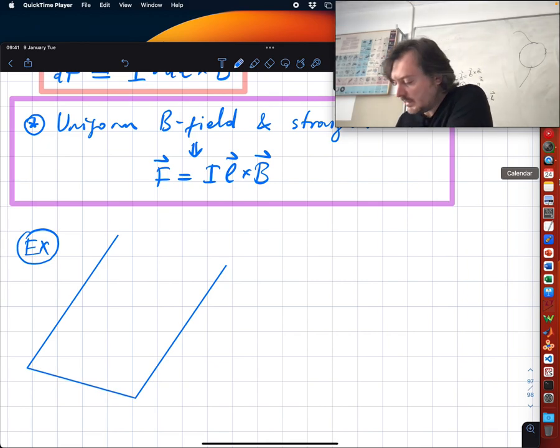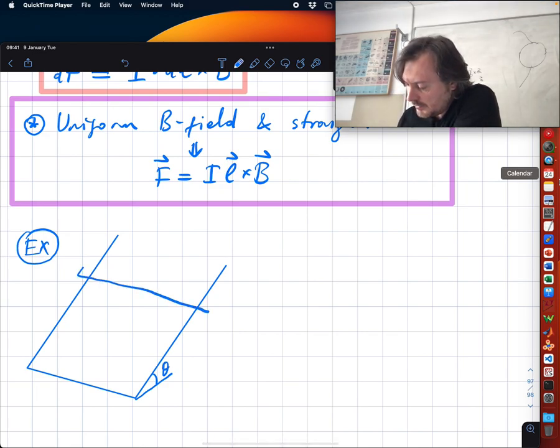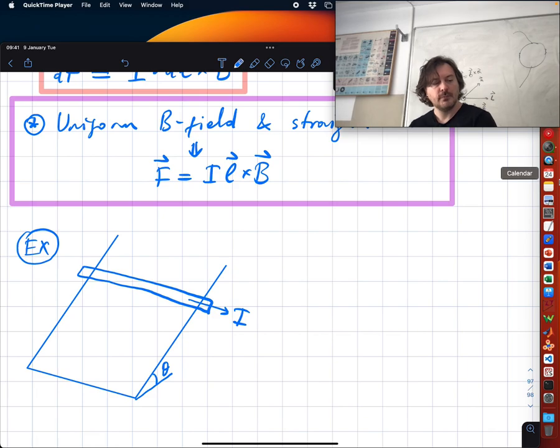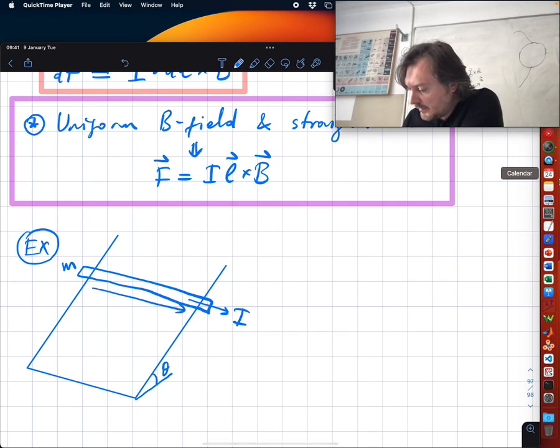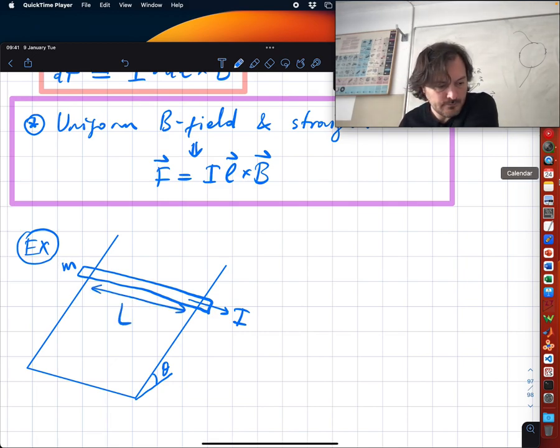This inclined plane has an angle of theta, and on top of this inclined plane is a wire carrying a current, let's say I. This wire has a mass m, and the length is L, all right?